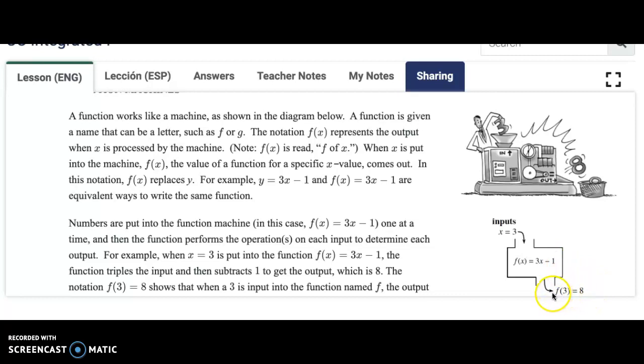So notice the notation f of 3. 3 is the number that we plugged in. That's why it's in the parentheses. 8 is the number we are getting out. So 3 is my input, 8 is my output.